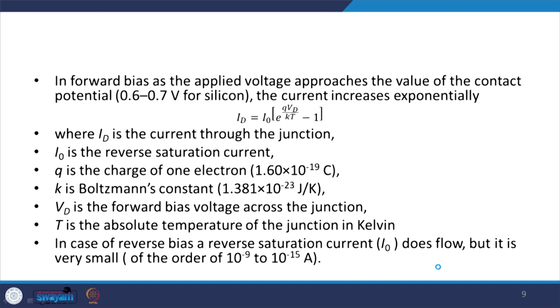So, in forward bias, as the applied voltage approaches the value of the contact potential, say 0.6 to 0.7 volt for silicon, the current increases exponentially.